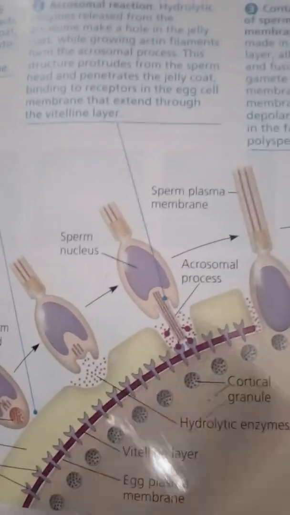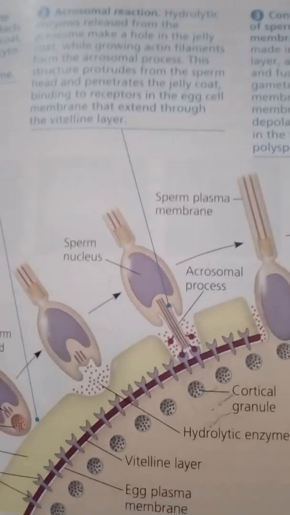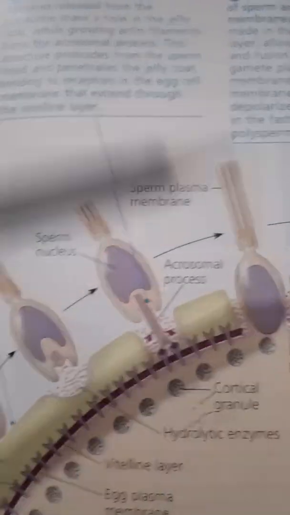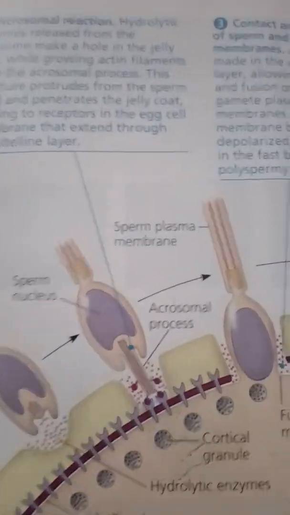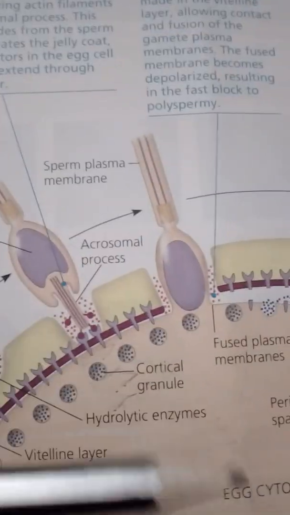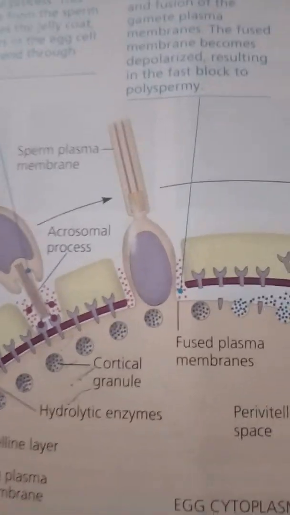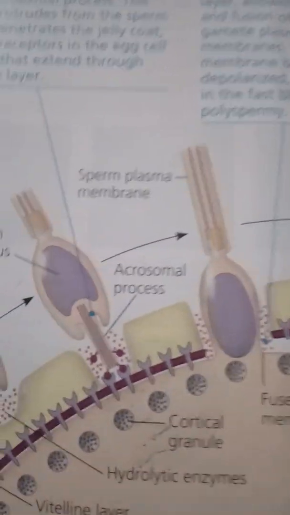Such specificity is especially important when fertilization occurs externally in water, where gametes of other species are likely to be present. Contact of the tip of the acrosome with the egg membrane leads to the fusion of sperm and egg plasma membranes and the entry of the sperm nucleus into the cytoplasm.